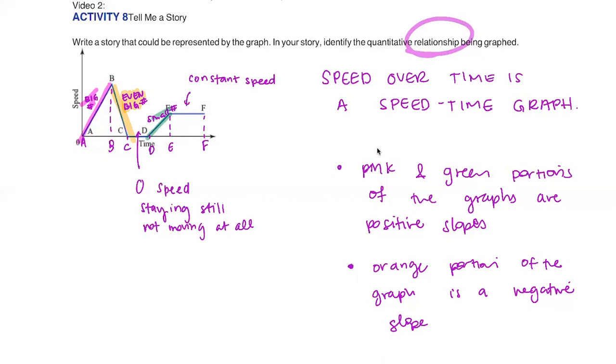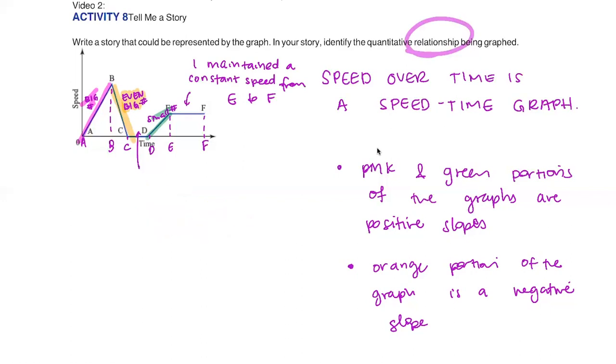So now we want to think about a story here. Well, I know from E to F, I maintained a constant speed. So I'm just going to write that down. I maintained a constant speed from E to F. Okay, that part's good. Now from C to D, I didn't move at all.